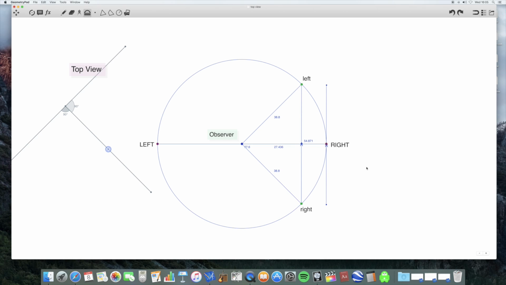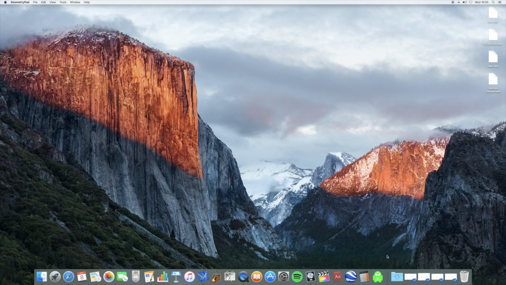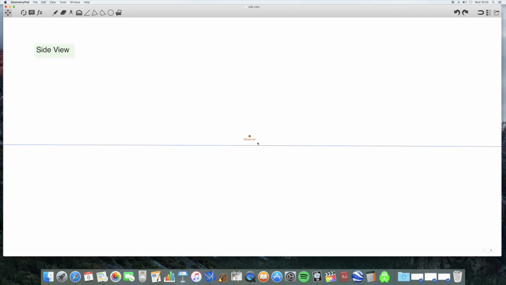So the first thing I want to consider is how much curvature does this whole circle have itself? So what we're going to do is we're going to look at the situation from the side. So this is looking down. Now we're going to look at the situation from the side. So here's the observer, and you can see that I fixed it so that they are 0.189 units from this line here.